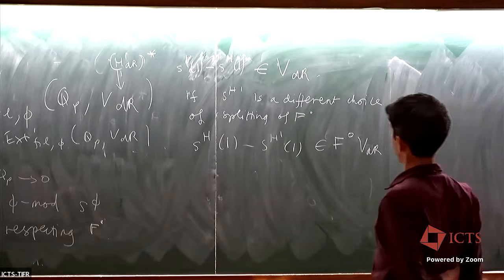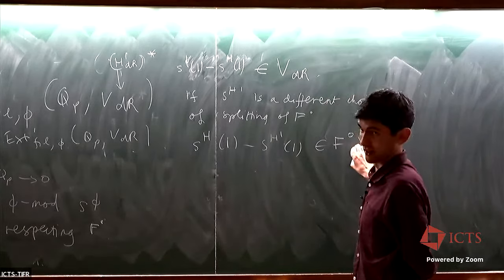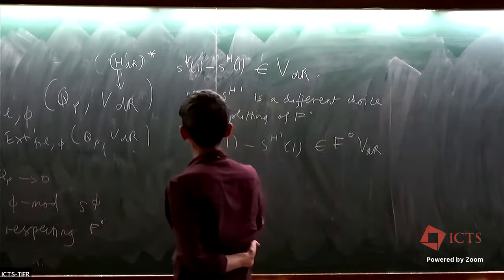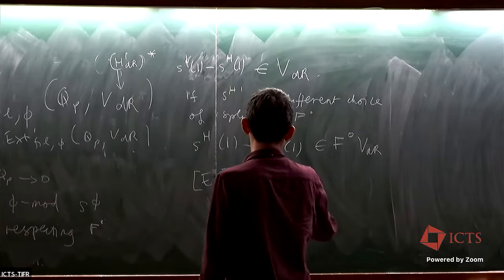And that's the only ambiguity: changing this by some element of F0. So we get a well-defined element, and in fact this classifies isomorphism classes.